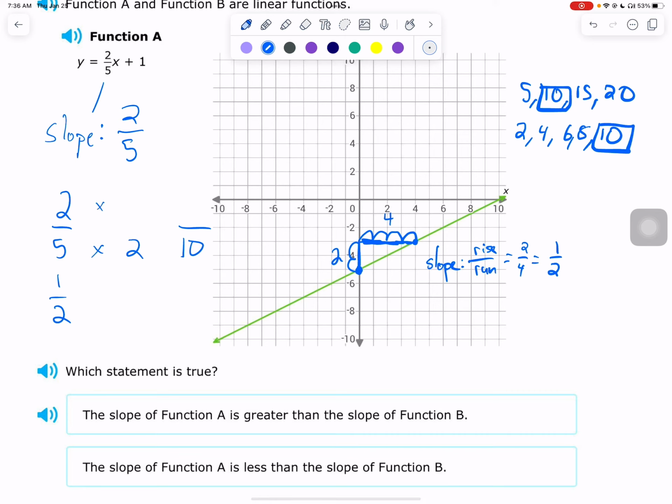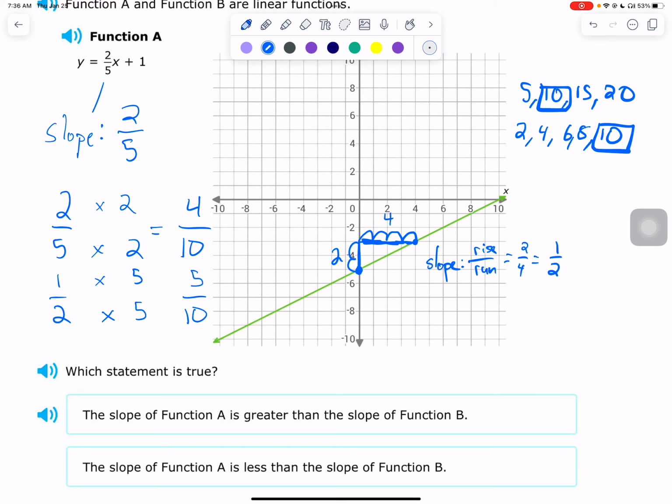So that means I'm going to multiply this top number by 5. In order to get from 5 to 10, I have to multiply by 2. So 4 over 10 is the same as 2 over 5. Okay? So if I multiply the denominator by 5, I also have to multiply the numerator by 5 in order to make it an equivalent fraction. So I have 4 over 10 and 5 over 10.